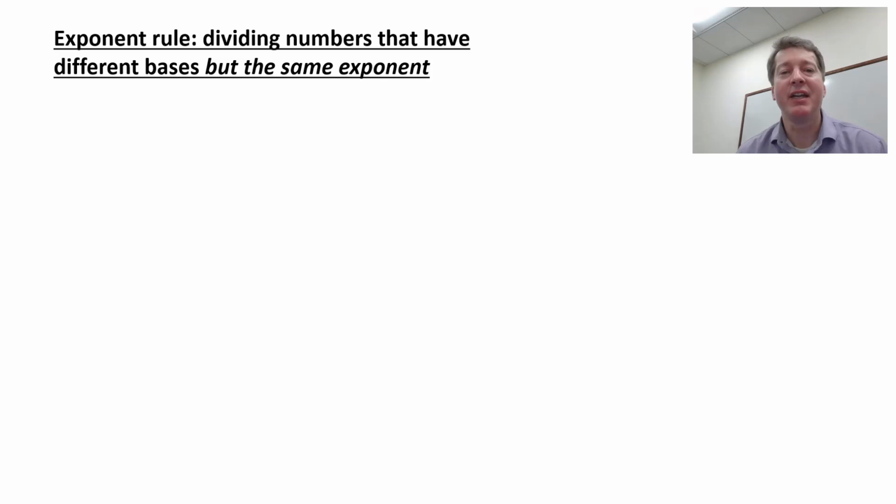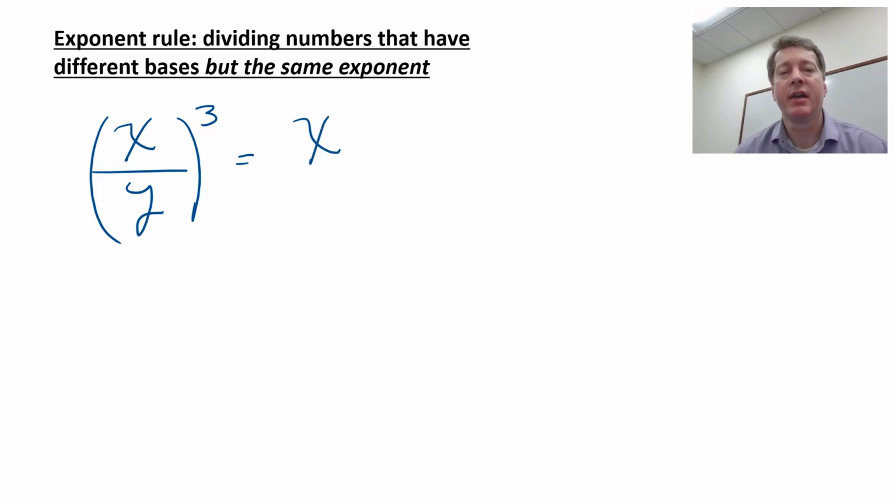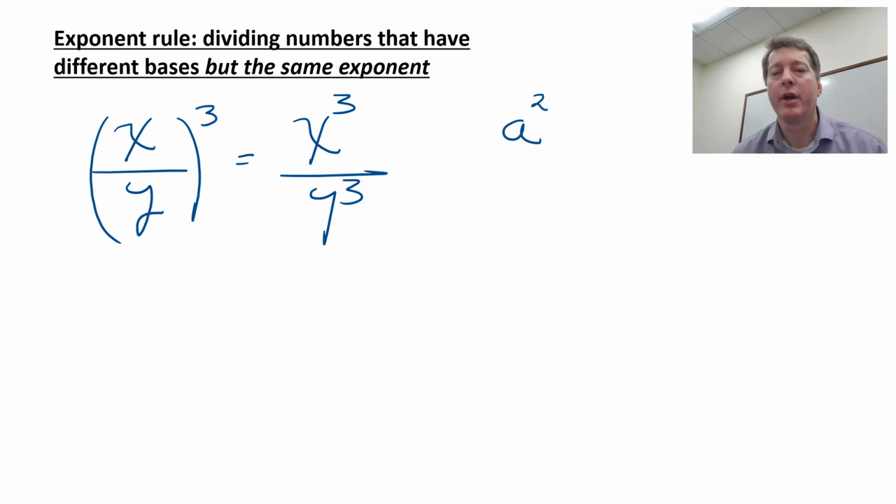Let's talk about dividing numbers that have different bases but the same exponent. So what do I mean? Suppose you had x over y, cubed. That is the same thing as x cubed over y cubed. You cube the top and you cube the bottom. Suppose I had a squared over b to the 4th, cubed.